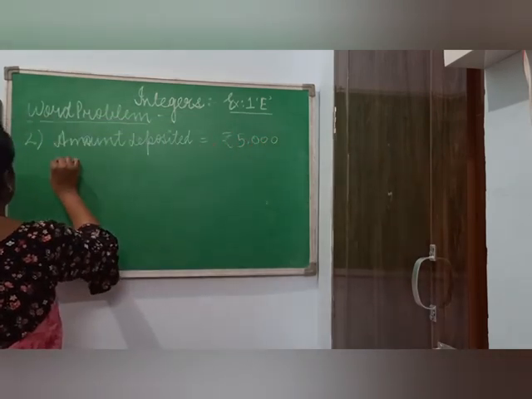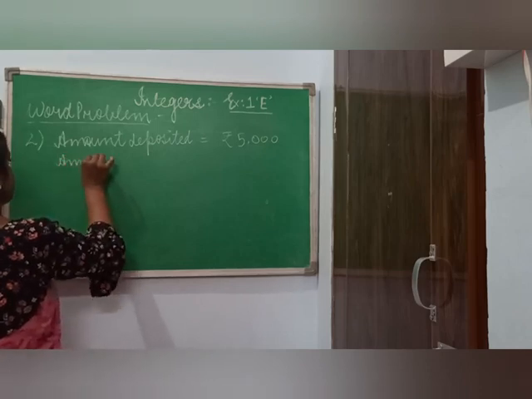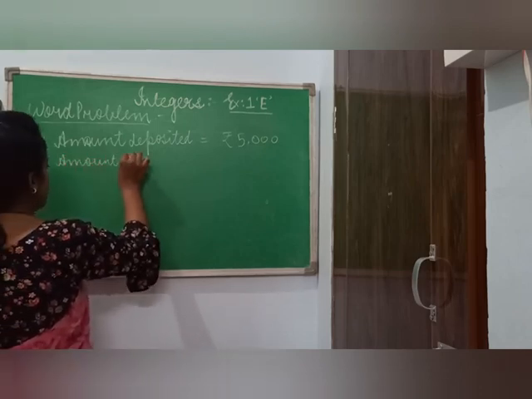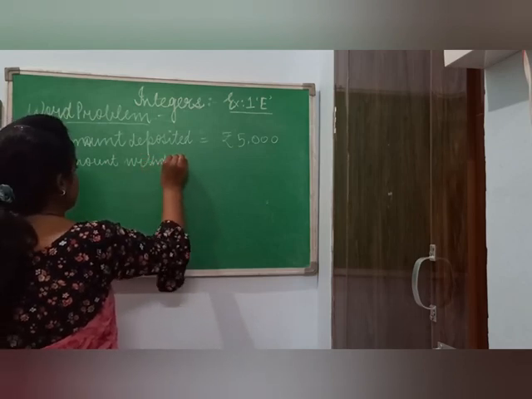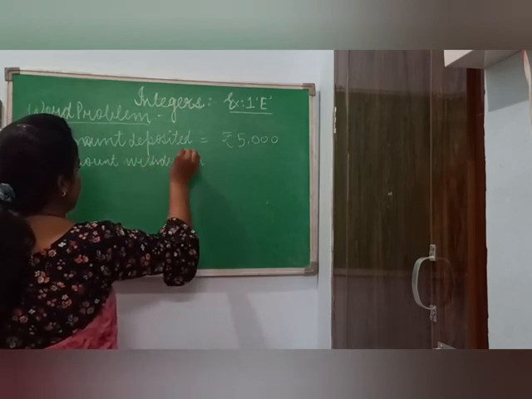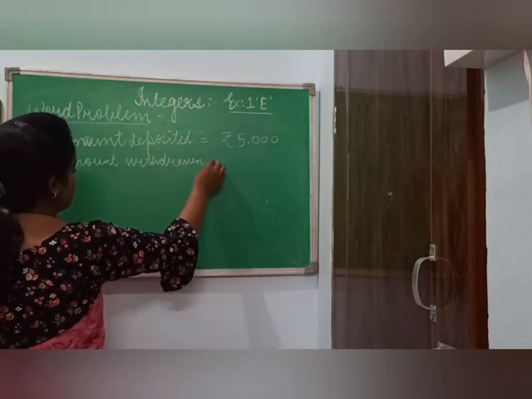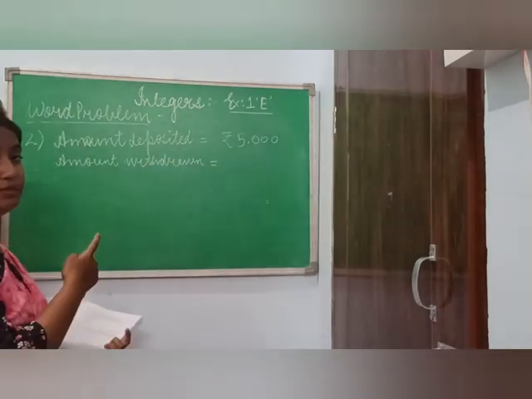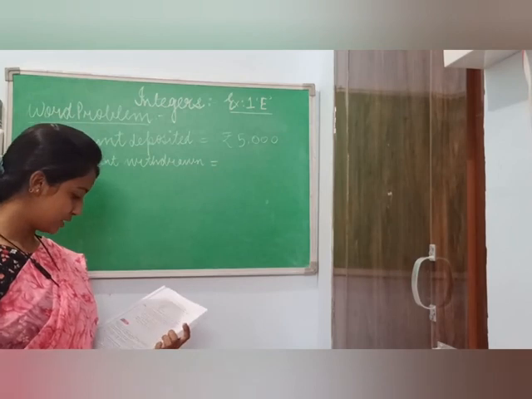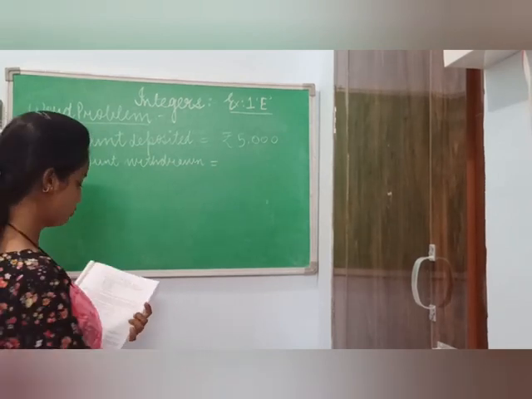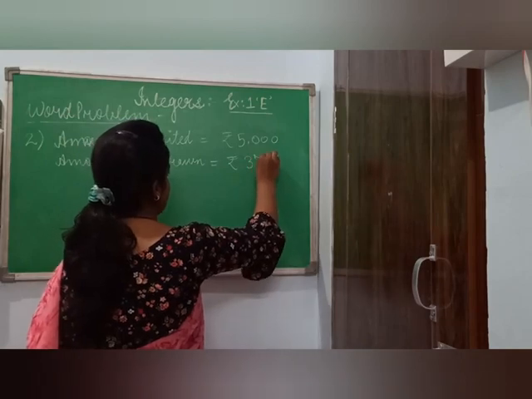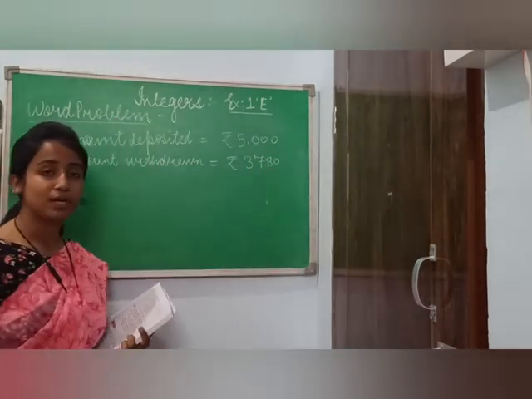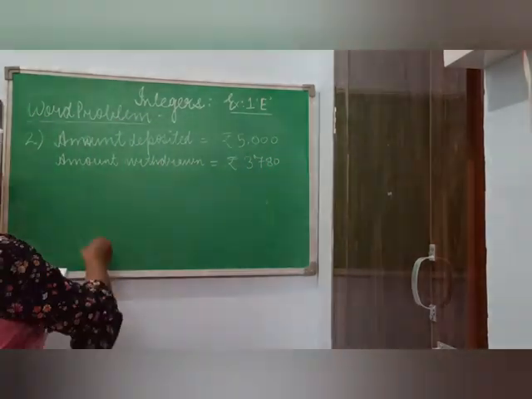Then, amount withdrawn. See, 5,000 was deposited in the account and the next time he withdraws rupees 3,780. So this was the amount which was withdrawn from his account.